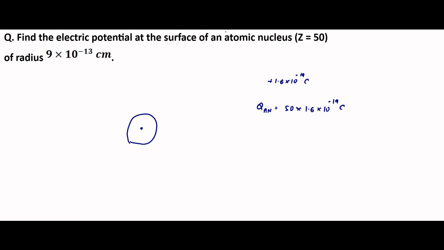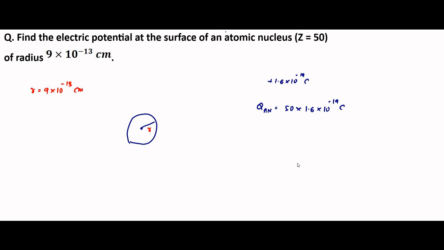Now we have to calculate this potential at the surface of the nucleus. So when we have to calculate it at the surface, we have to consider this radius, the radius of the nucleus, which is equal to 9 into 10 to the power minus 13 centimeters.